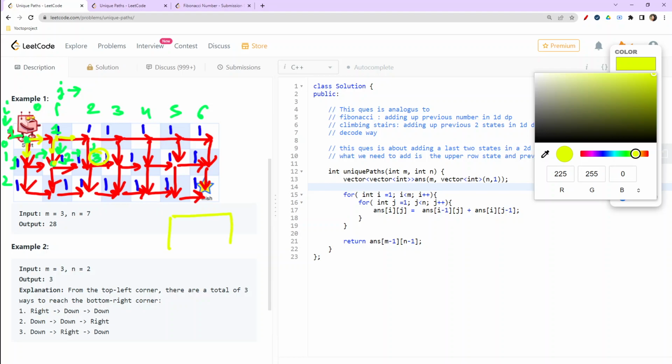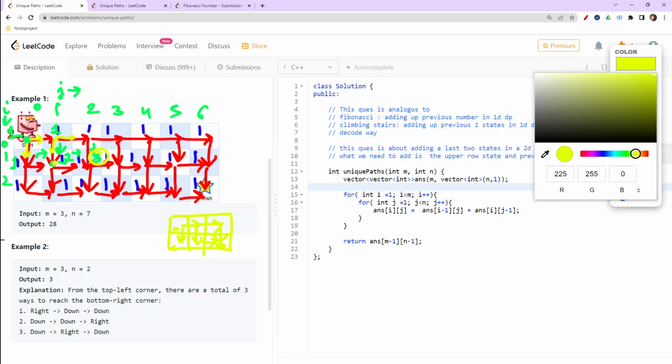positions. If we take just this much of the grid, with this as the finishing point and this as the starting point, our answer is 3. It can go towards the down. One way could be this, another way could be this, and then it could directly reach this position.